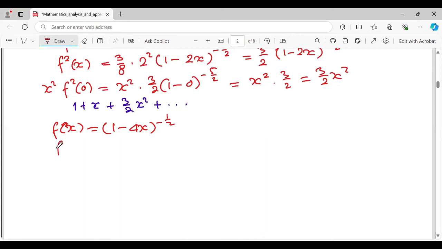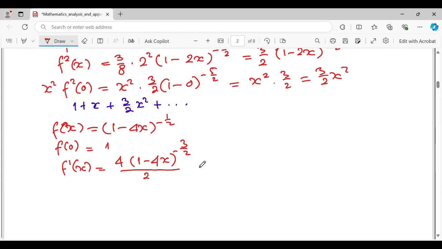So f(0) equals 1, of course, and then the first derivative, f^(1)(x), is 4 times (1 minus 4x) to the power minus 3 half over 2.